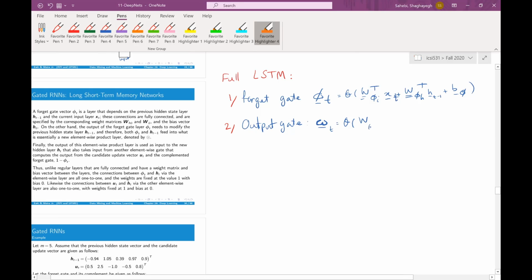So w omega I transpose xt plus w omega h, very similar to the forget gate, transpose ht minus 1 plus b omega, and another one which is an input gate.